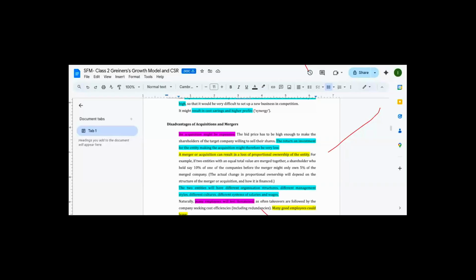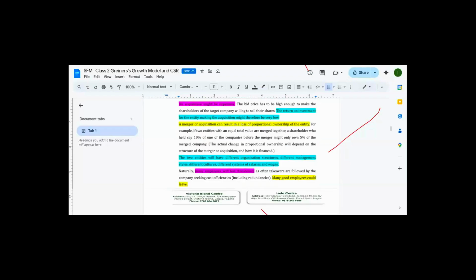So there is the possibility that our equity share might reduce anytime there is a merger, because there is going to be a sort of restructuring and realignment between the two parties.